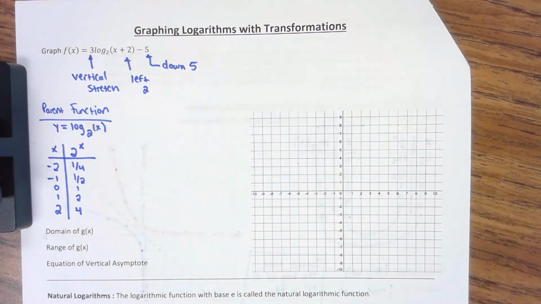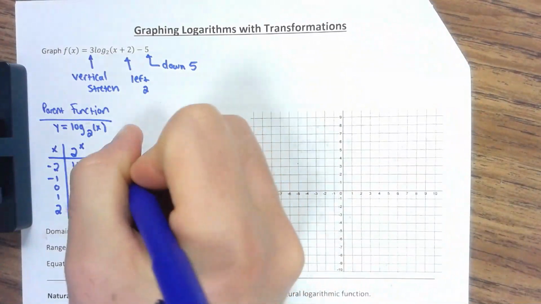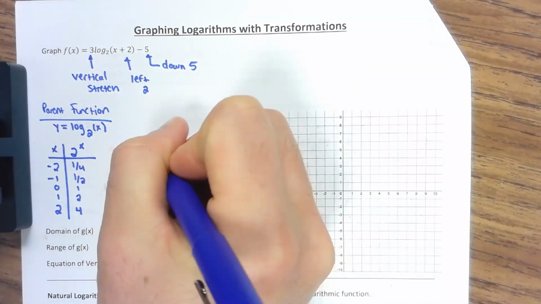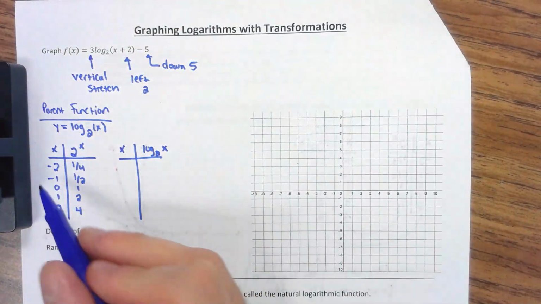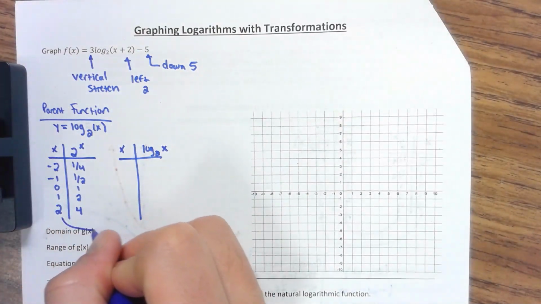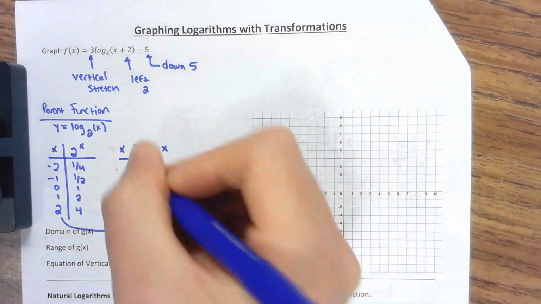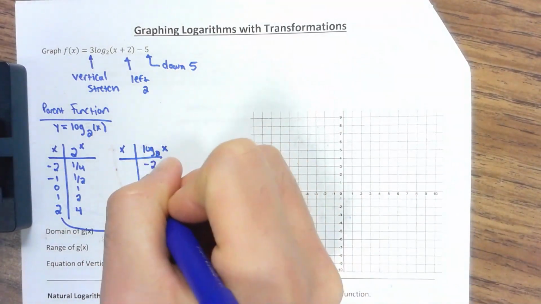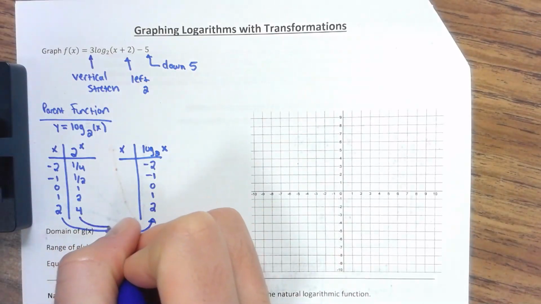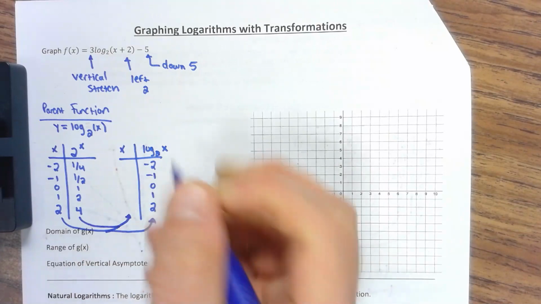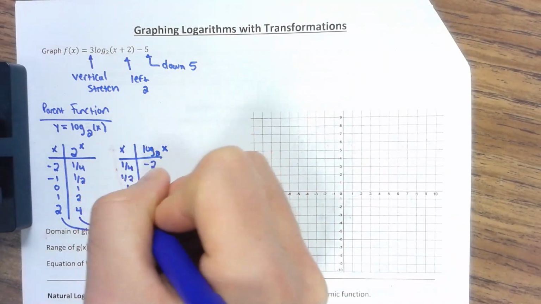So then, for our log, we have x, then log base 2 of x. I'm going to take all these x's and make them the y's. So domain becomes the range. It's -2, -1, 0, 1, and 2. And all of the y's, so our range, become the domain: 1/4, 1/2, 1, 2, and 4.